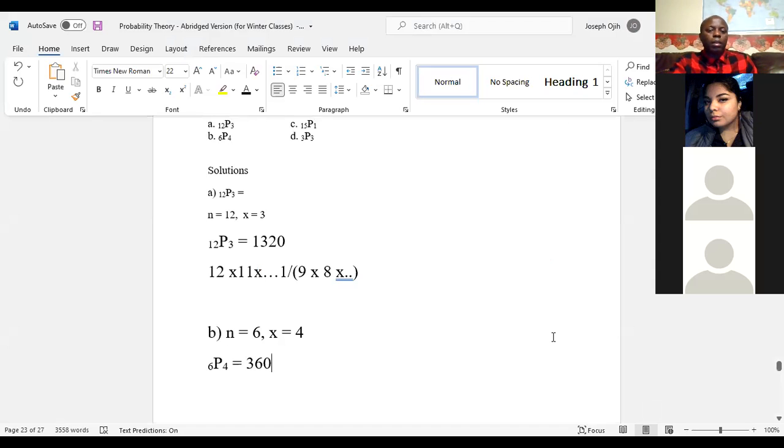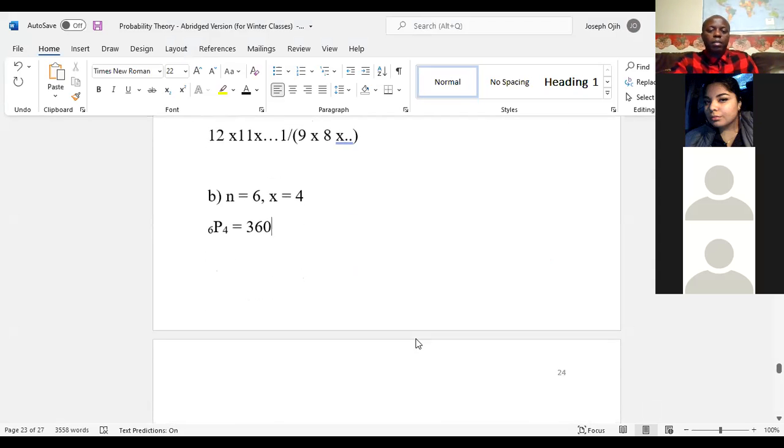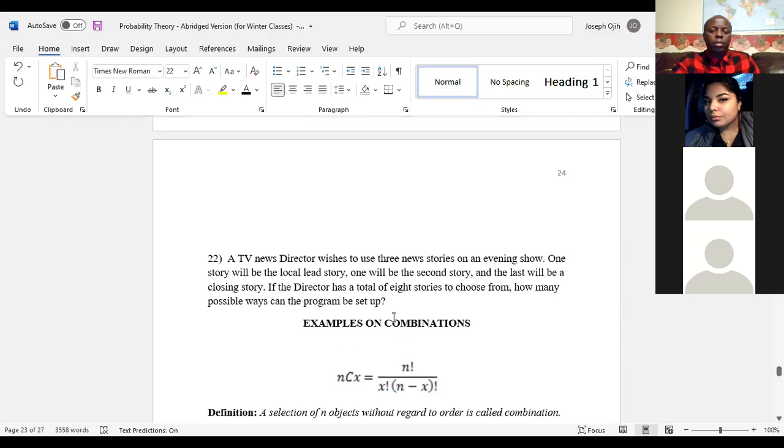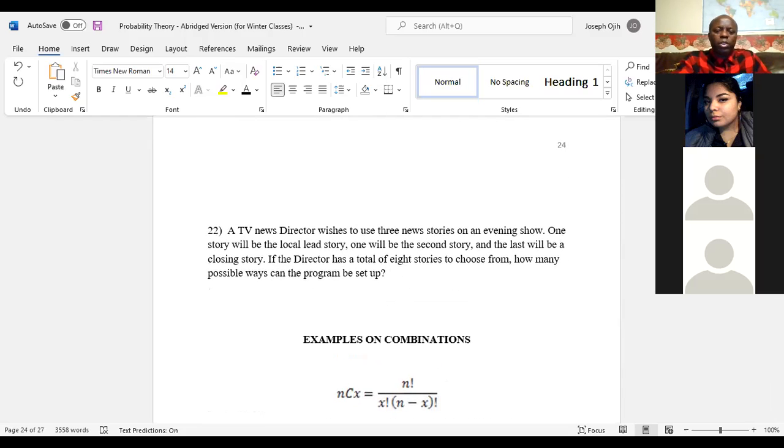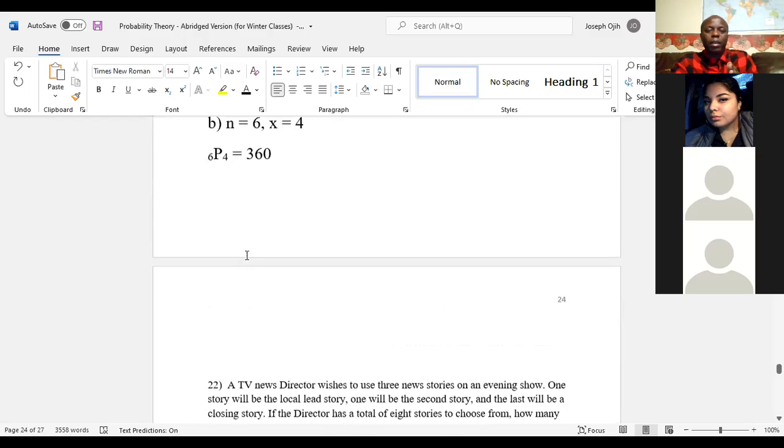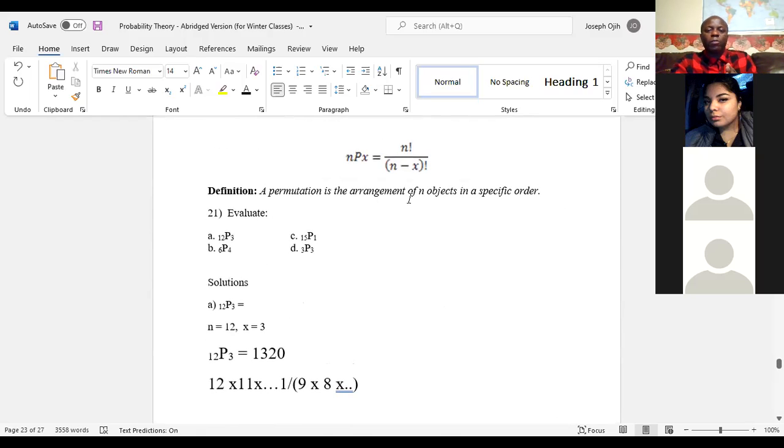Now you can practice this at home. Let's apply this to one example. A TV director wishes to use 3 news stories on an evening show. One story will be the local lead story, one will be the second story, and the last will be the closing story. So you can see that it's an order. Remember, permutation is the arrangement of objects in a specific order.